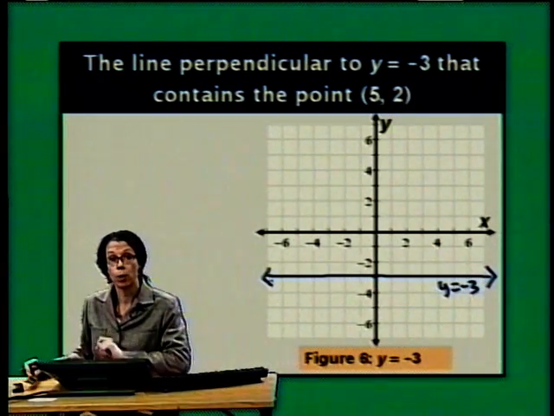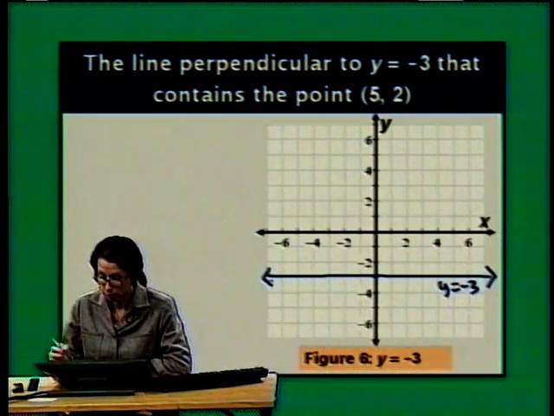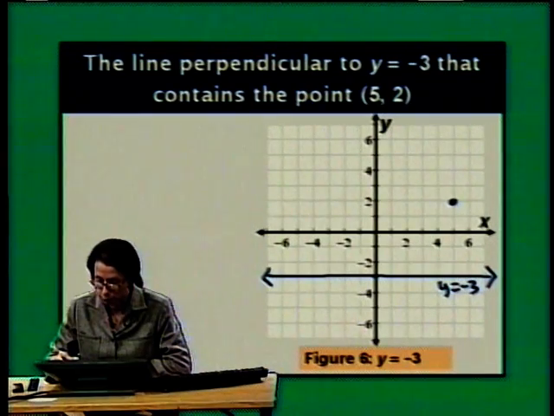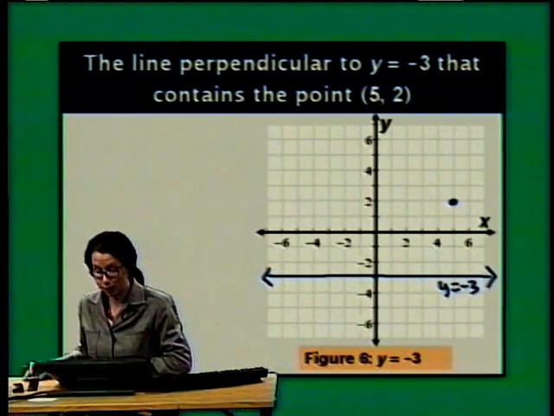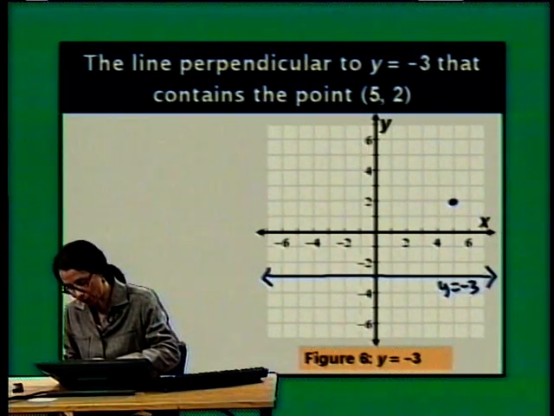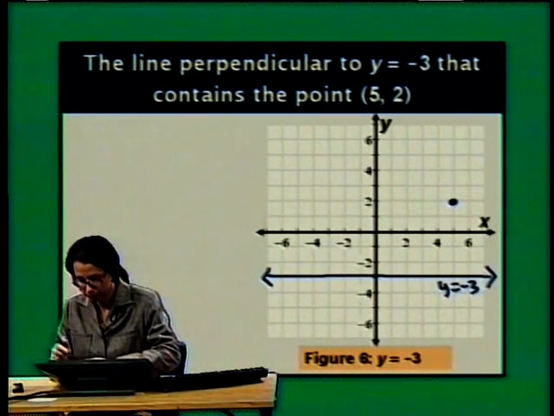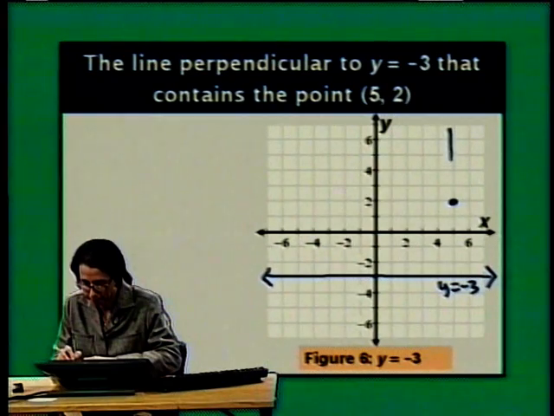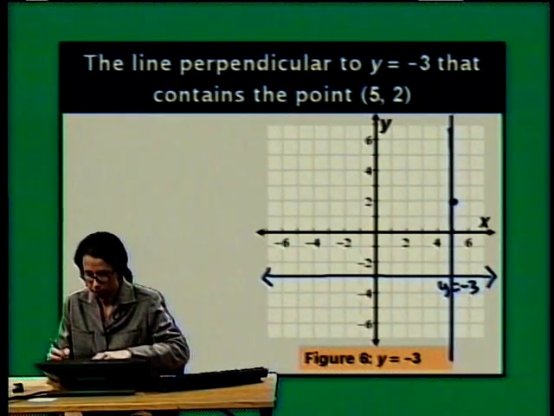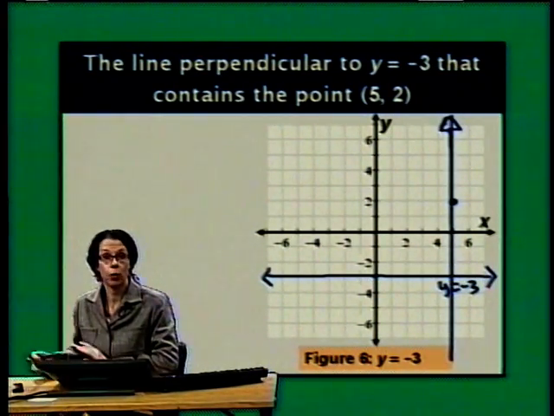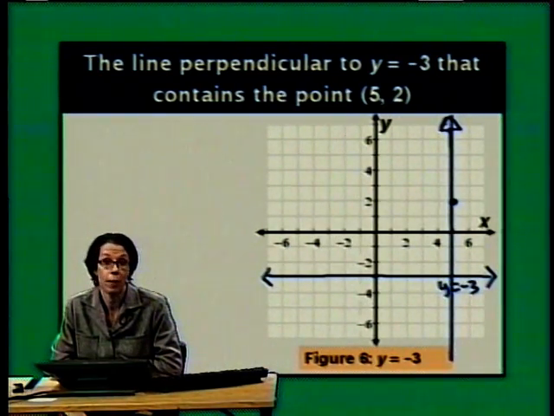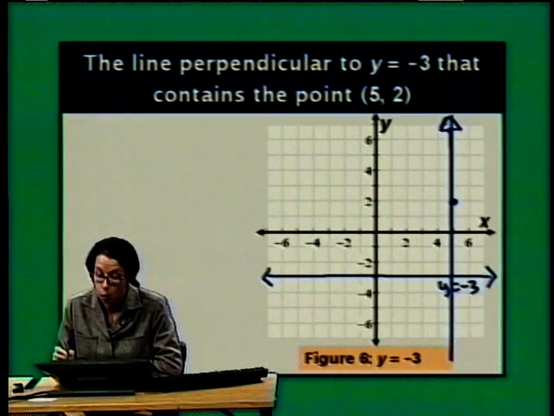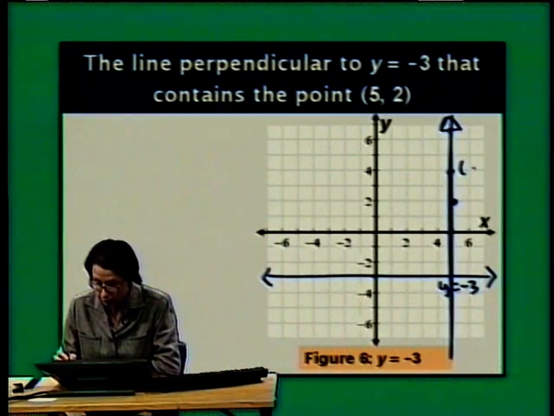Now I want a perpendicular line that contains the point (5, 2). Well, a perpendicular line to this horizontal line is going to be vertical. So let me draw that vertical line. What's the equation of this line? Well, a vertical line has an equation of the form x equals a constant. What's constant on this line is the first coordinate.